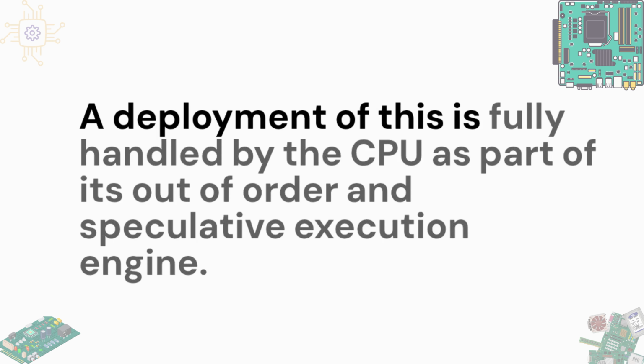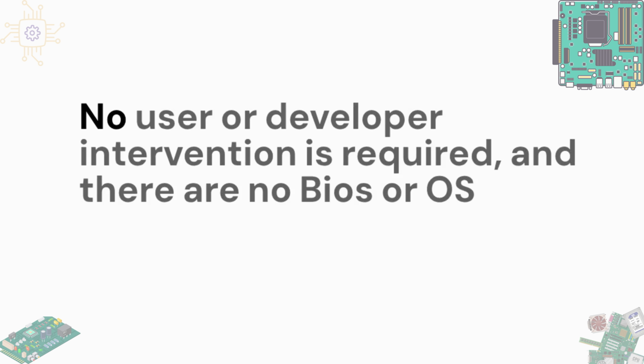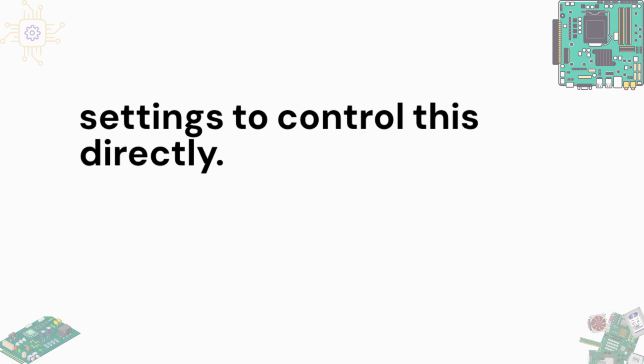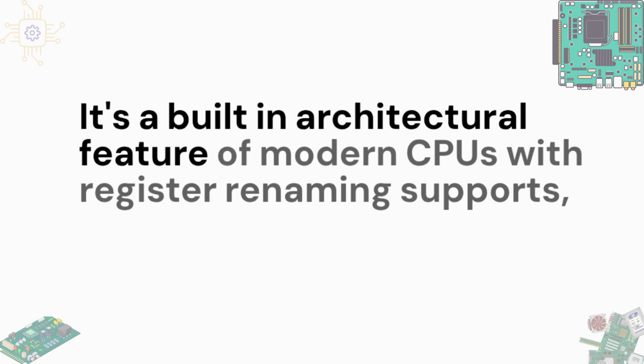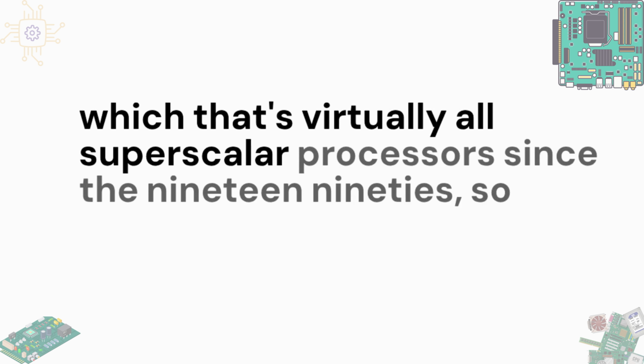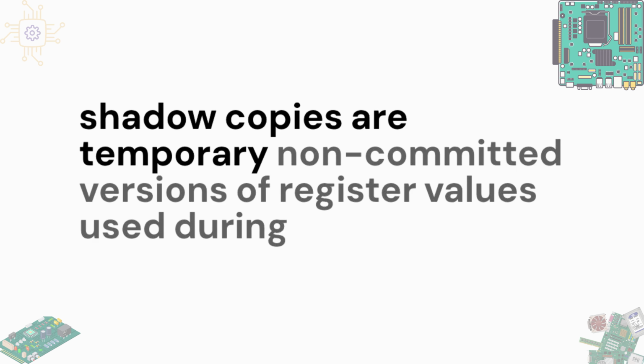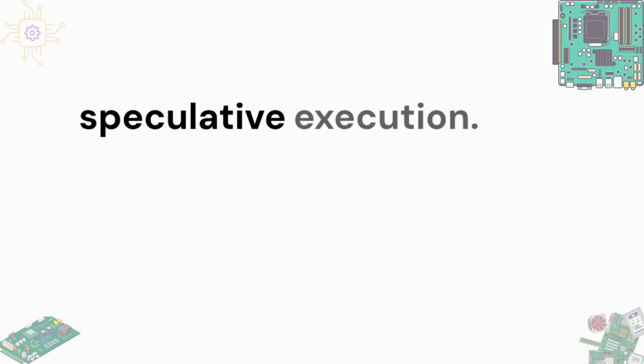The deployment of this is fully handled by the CPU as part of its out-of-order and speculative execution engine. No user or developer intervention is required, and there are no BIOS or OS settings to control this directly. It's a built-in architectural feature of modern CPUs with register renaming support, that's virtually all superscalar processors since the 1990s. So shadow copies are temporary, non-committed versions of register values used during speculative execution.